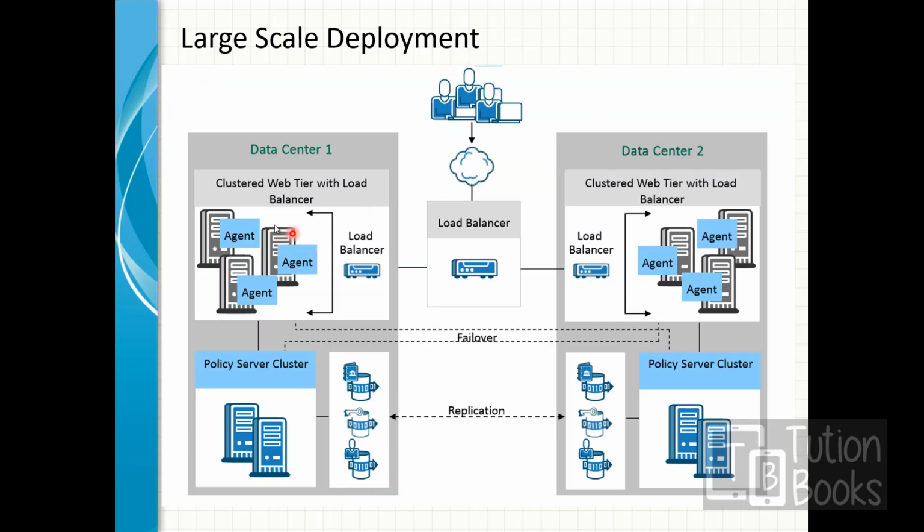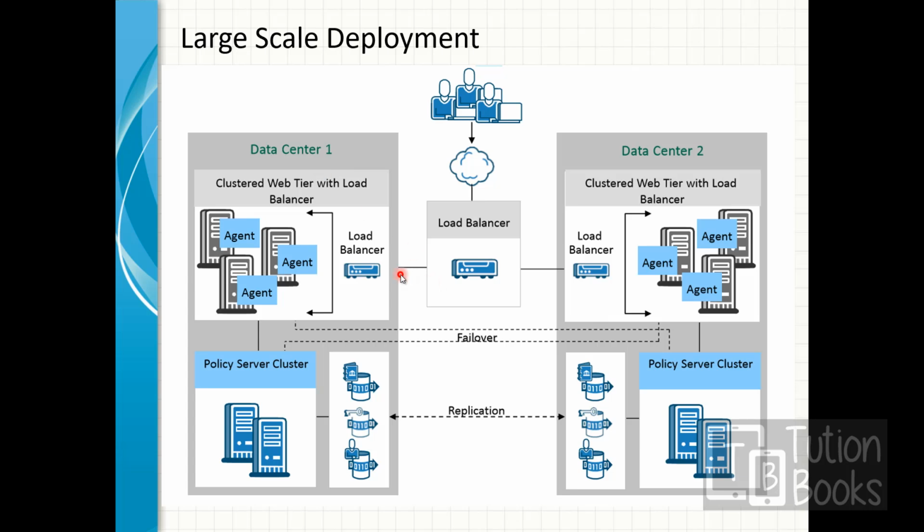So here you can see a number of agents grouped together. I can deploy the whole SiteMinder architecture in two different parts: one is data center 1, the other is data center 2. To maintain user requests between data center 1 and data center 2, I'm using a load balancer between the two data centers.